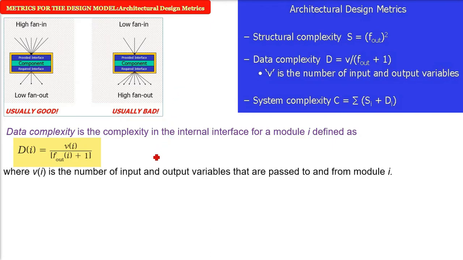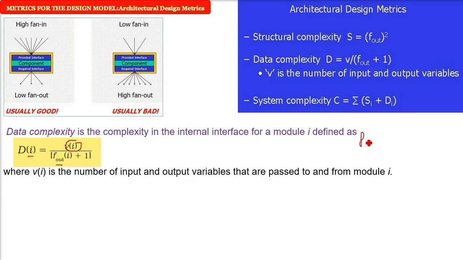So we are talking about the number of input and output variables passed to and from this module, Vi, divided by fan out plus 1. Fan out we know is the number of modules or functions this module is going to invoke.